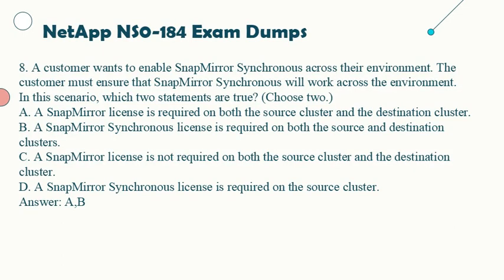B. A SnapMirror synchronous license is required on both the source and destination clusters. C. A SnapMirror license is not required on both the source cluster and the destination cluster. D. A SnapMirror synchronous license is required on the source cluster. Answer: A, B.